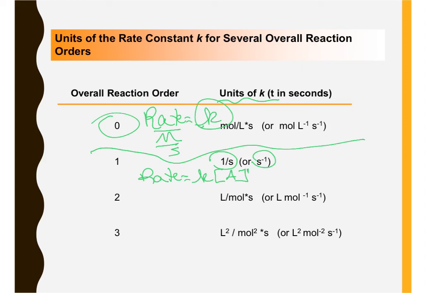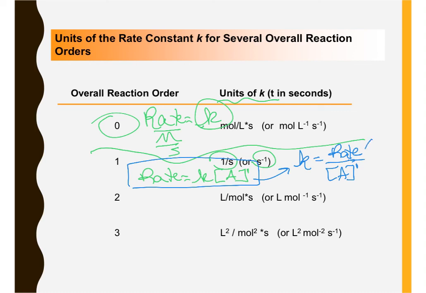And I'm not going to show it to you for all, but I'm going to show it one more time for this. So if we were solving for K from an order of 1 overall, to rearrange this, we would say K equals rate over concentration of A raised to the first power. Then carrying our units along, rate is always molarity over second.